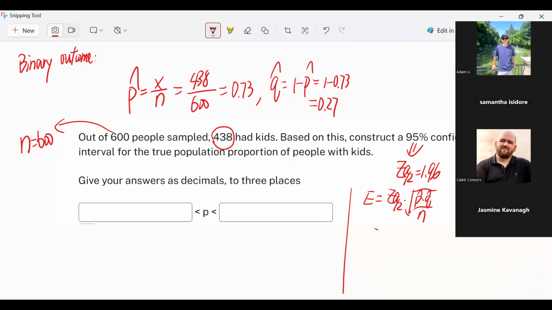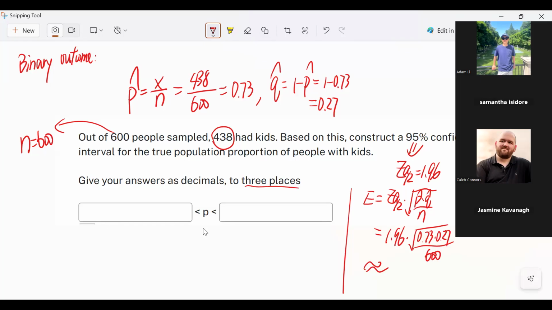So this is 1.96 times the square root of 0.73 times 0.27 over 600, to 3 decimal places.